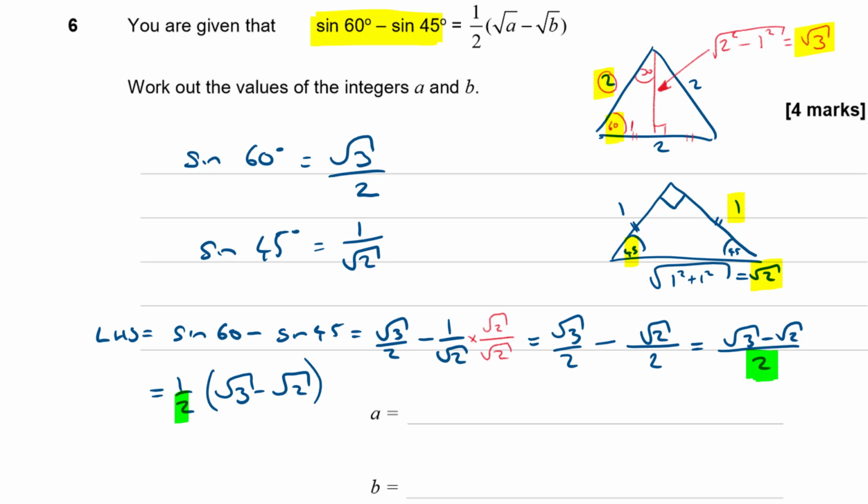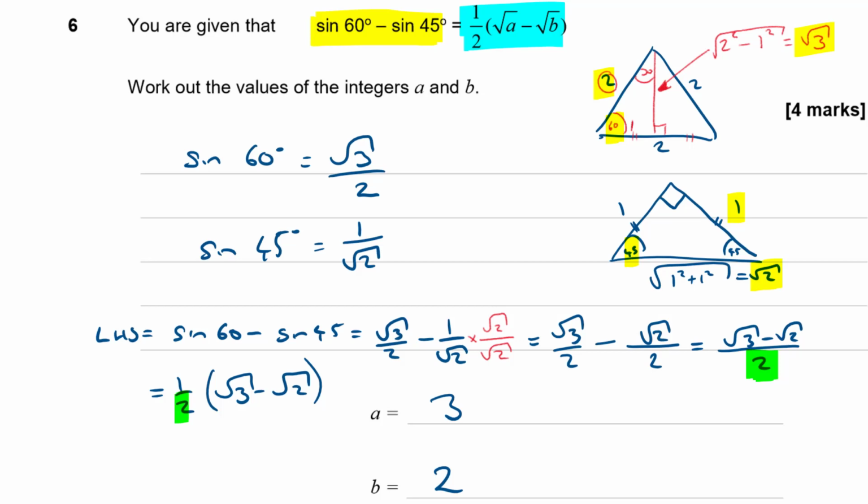Okay, but you'll see now it's in the same form as what I was requested to find. So I've got half of root 3 subtract root 2. So A is going to be 3 and B is going to be 2.